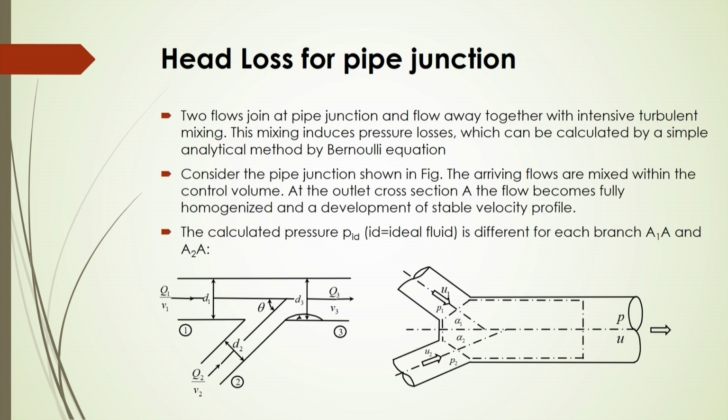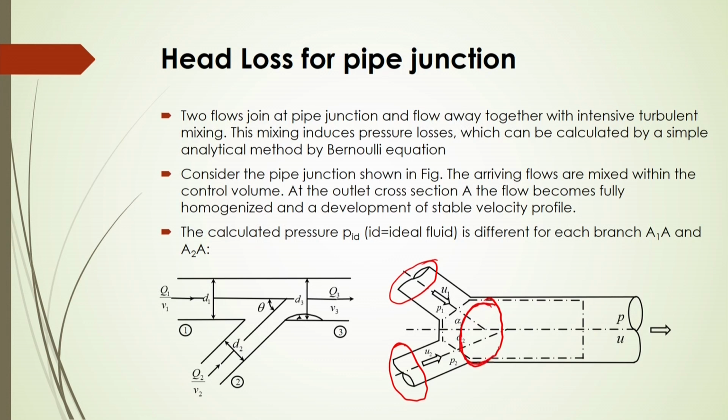Considering the pipe junction shown in this figure, the arriving flows mix within the control volume at the outlet cross section A. The flow becomes fully homogenized and a stable velocity profile develops. In this figure, flows come from this pipe and this pipe and join here at this region. This is called the mixing zone.